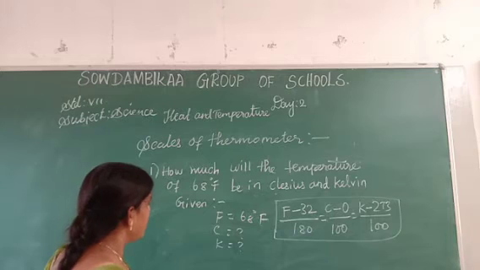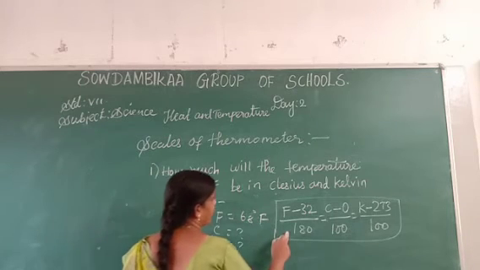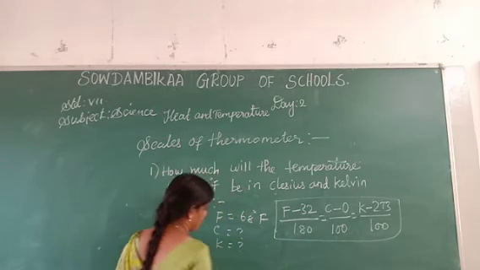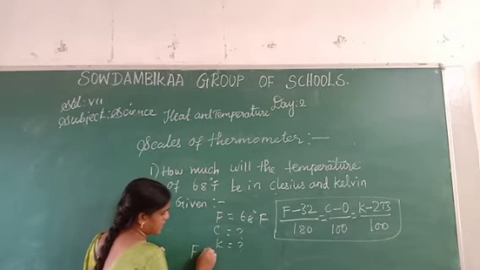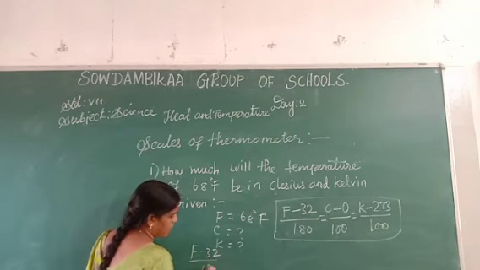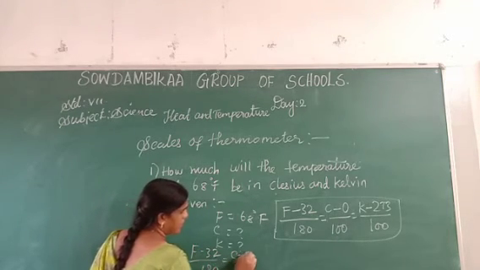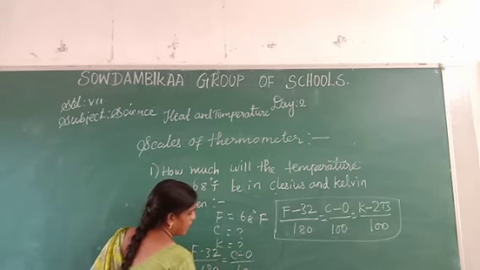First we take Fahrenheit and Celsius. F minus 32 divided by 180 equals C minus 0 divided by 100.